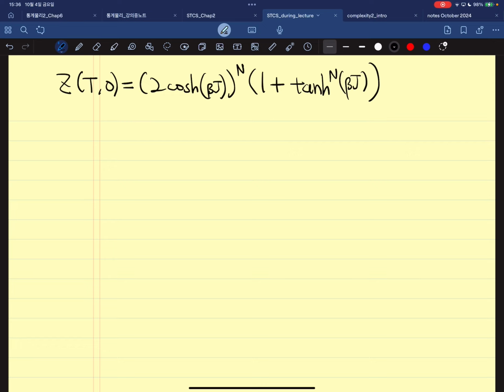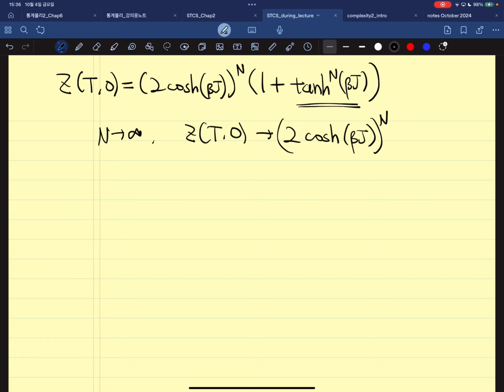And we will actually take another limit where this hyperbolic tangent is always smaller than 1. So as n goes to infinity, we can approximate this partition function as this, the simplest part.